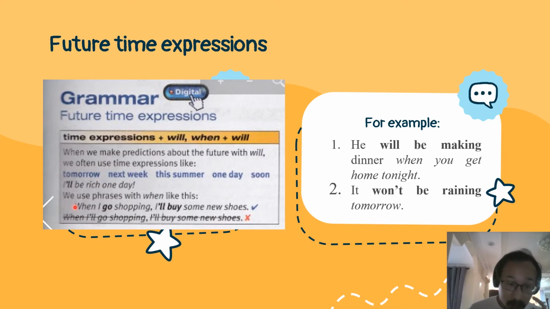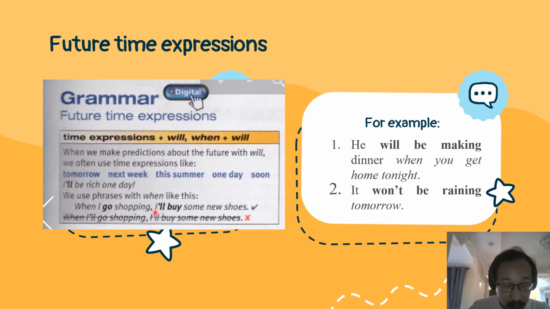And if we want to use phrases with when, so when plus will: when I go shopping, I'll buy some new shoes. If you notice, you start your sentence with when, then you have your subject I, when I go, your verb, shopping. When I go shopping, I'll buy some new shoes. Notice this one.